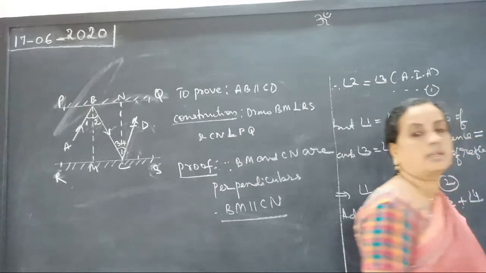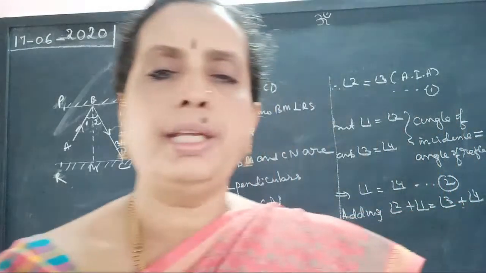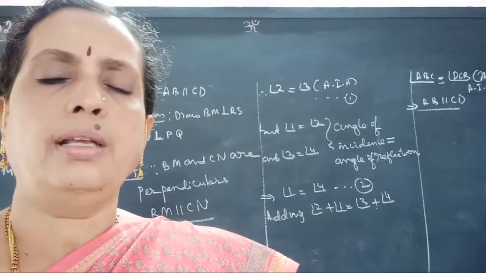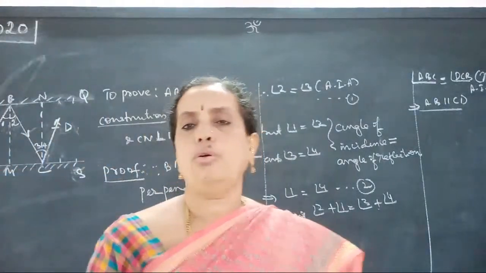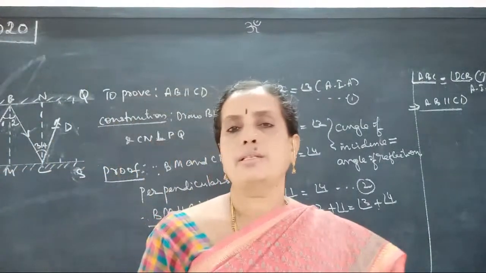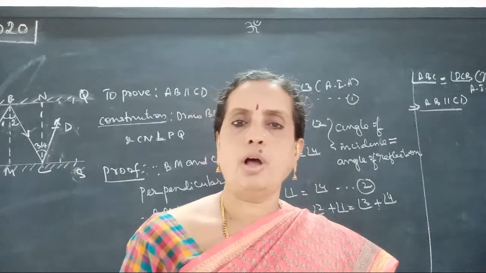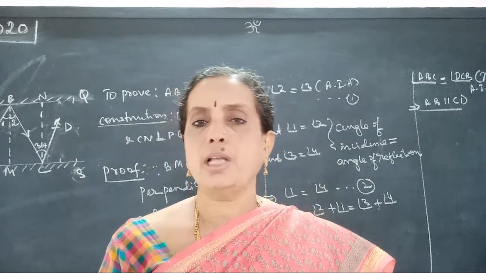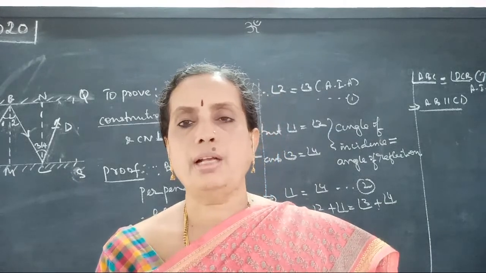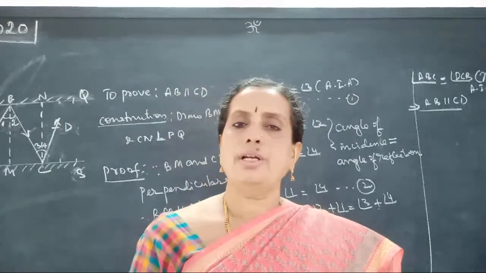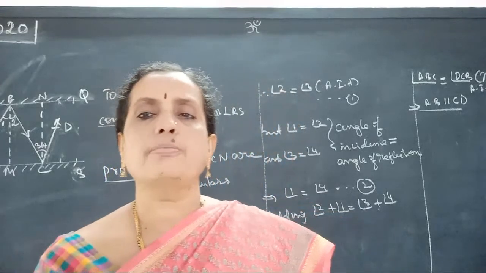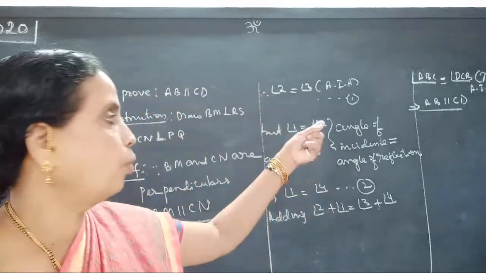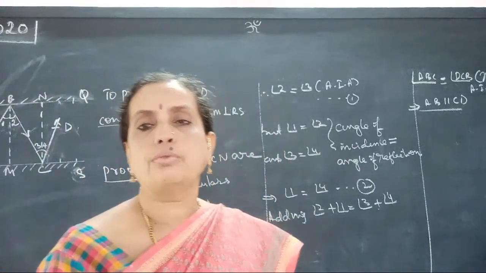This is the converse of alternate interior angles. Is it clear? When we show the alternate interior angles are equal, by the converse the lines must be parallel. When the lines are parallel, alternate interior angles are equal. When alternate interior angles are equal, the lines must be parallel. Therefore, AB is parallel to CD.